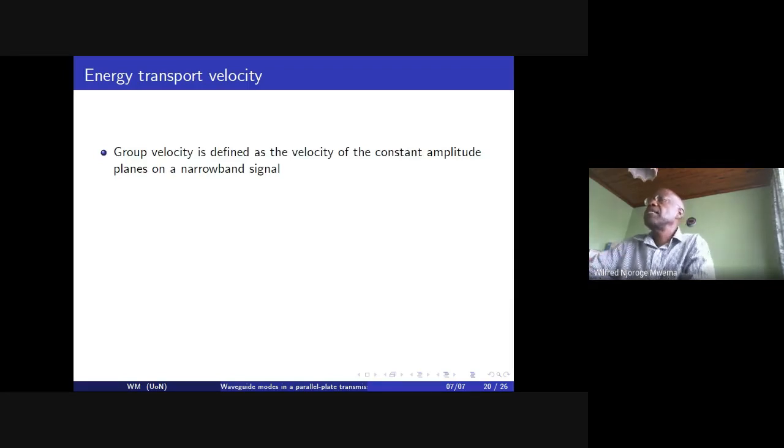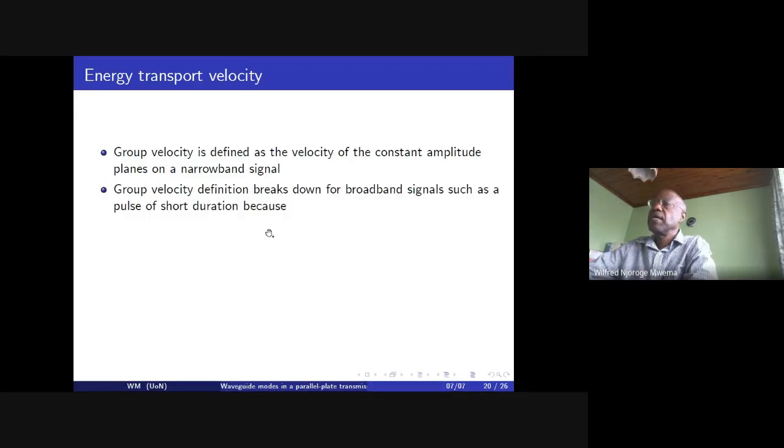Group velocity is defined as the velocity of the constant amplitude planes on a narrow band signal. The group velocity definition will then break down whenever we have broadband signals, such as when we are dealing with pulses of short duration, because some of the low frequency components in the pulse will be below the cutoff frequency and therefore will not propagate.